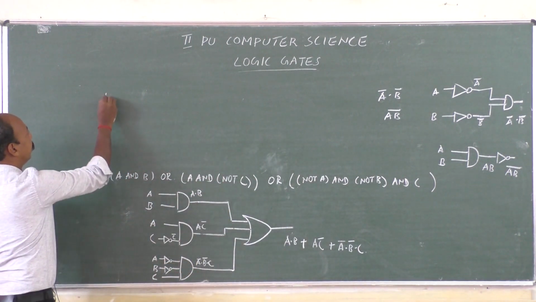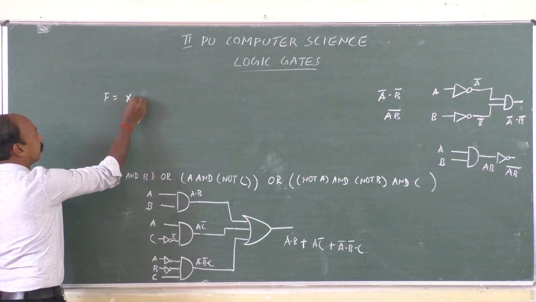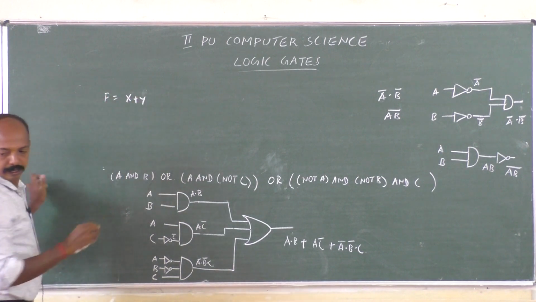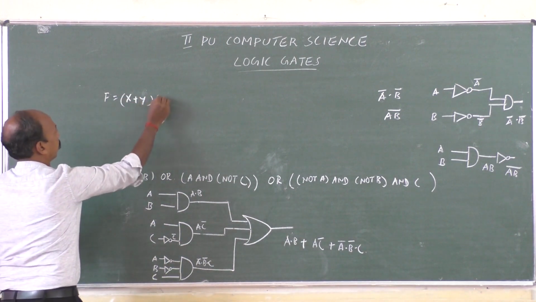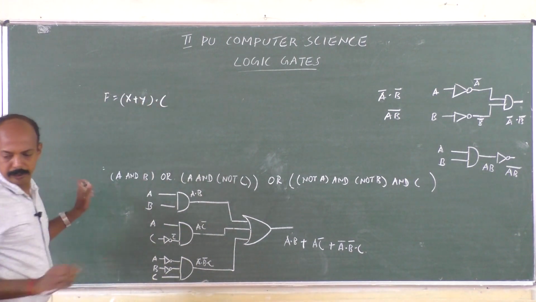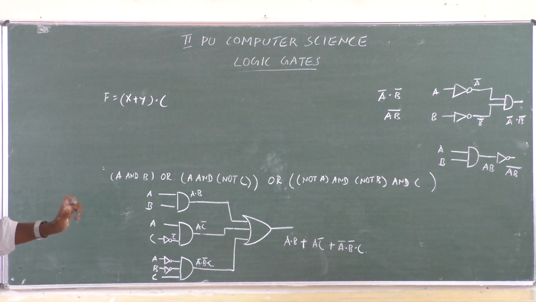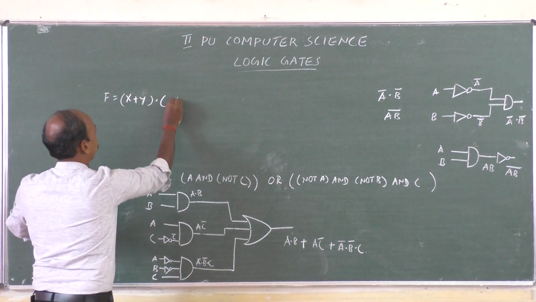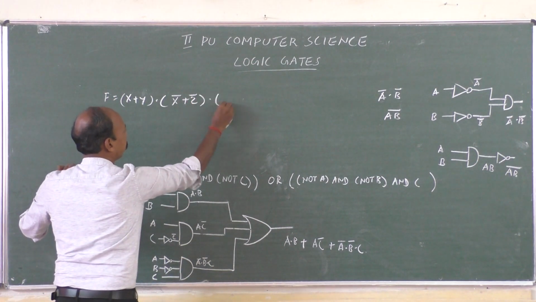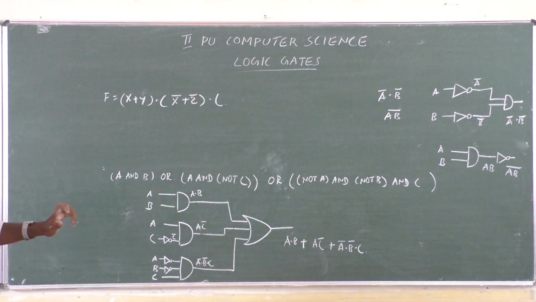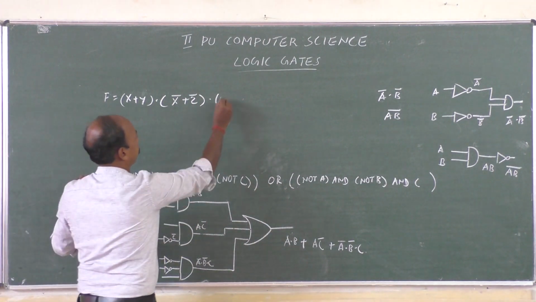F is equal to x plus y into x bar plus z bar into y plus z.